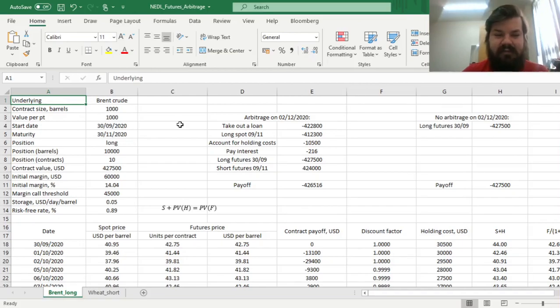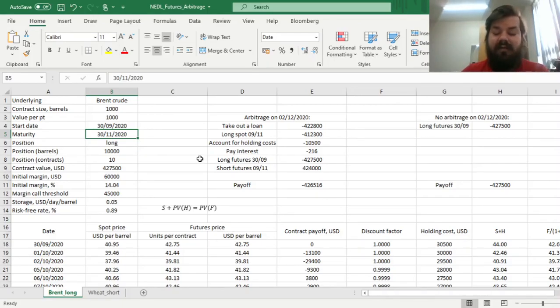Our first case involves a hedger, that is a manufacturing company that is heavily exposed to oil price being a key component in their costs, and they decided to reduce their exposure to oil, or to eliminate it perhaps even in the best case scenario, by entering a long futures contract on the 30th of September 2020, maturing at the end of November 2020.